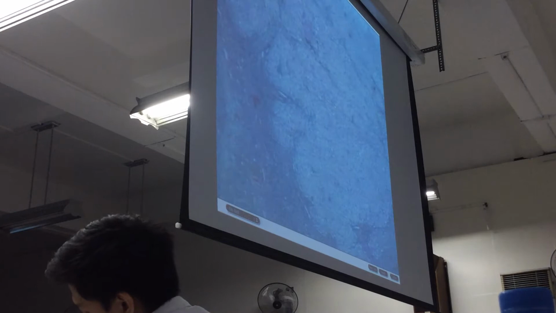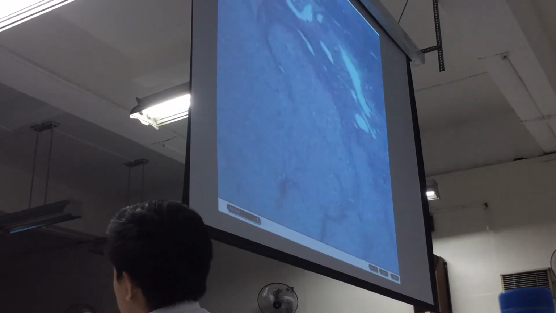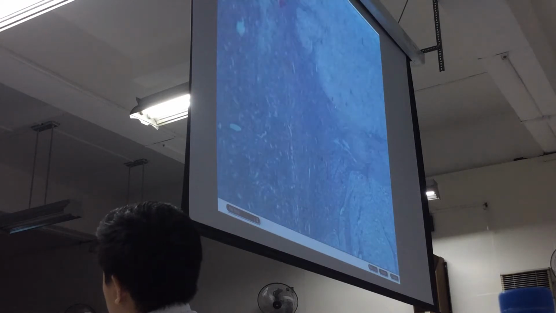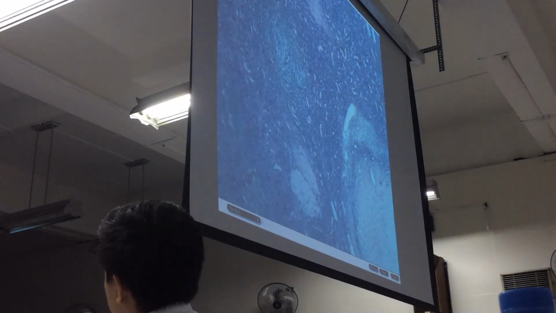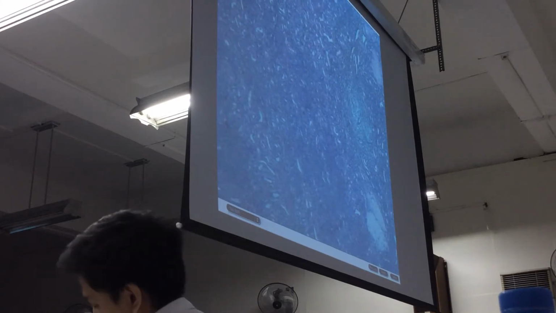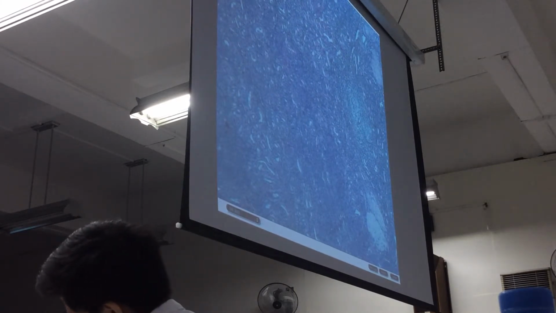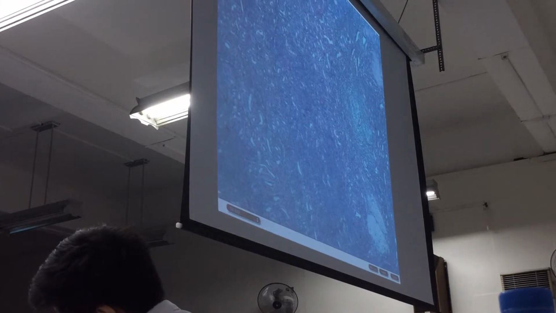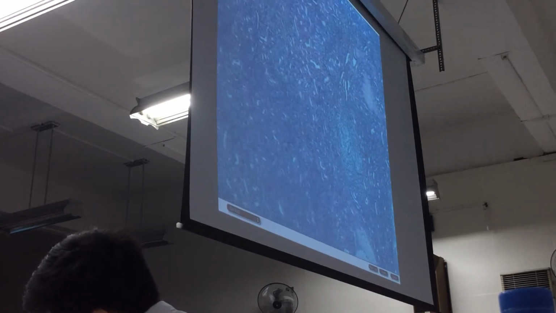So what organ am I showing? You see swirls of fibrous tissue or fibroblasts supported by a vascular stroma.